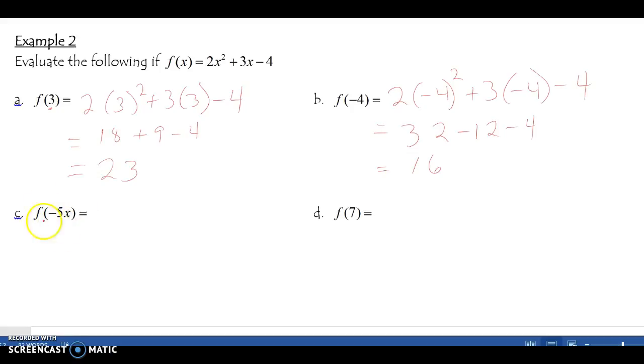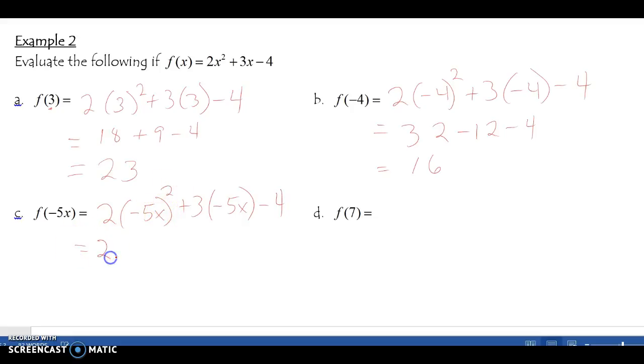All right, C. Now we're evaluating our function at another expression value, so same idea. We're going to replace every x with that new expression, negative 5x. Notice I'm using parentheses, which is especially important here in this first term because we have to square it. You need to realize that the negative, the 5, and the x are all getting squared.